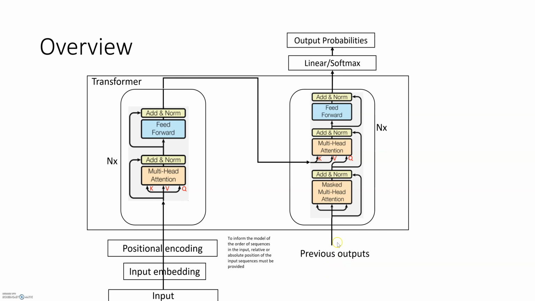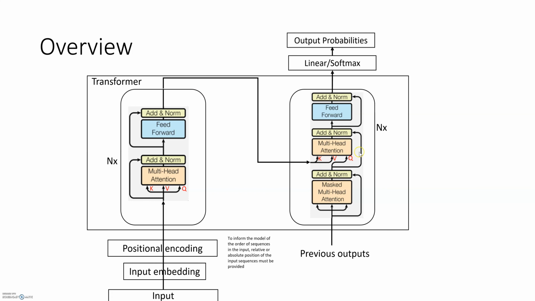Now what goes into the decoder is all the previous outputs plus the encoded part from the input, which is the English language, because we want to translate the complete sentence. So here the query comes from the decoder, but the answer, which is the key value pair, comes from the encoder.